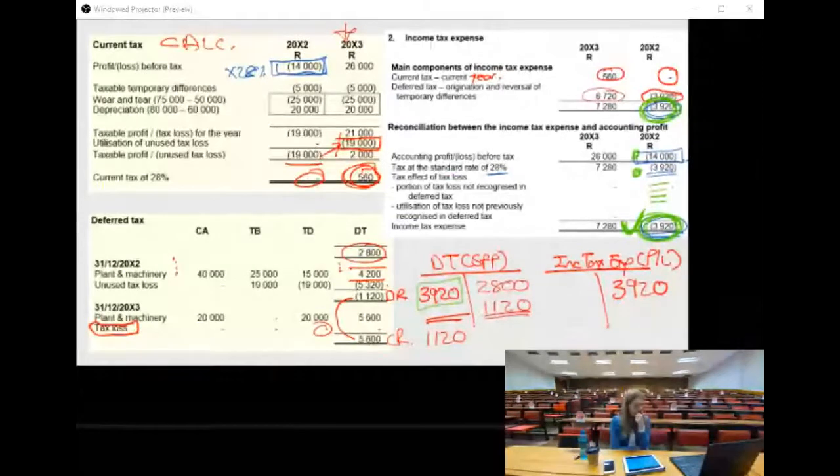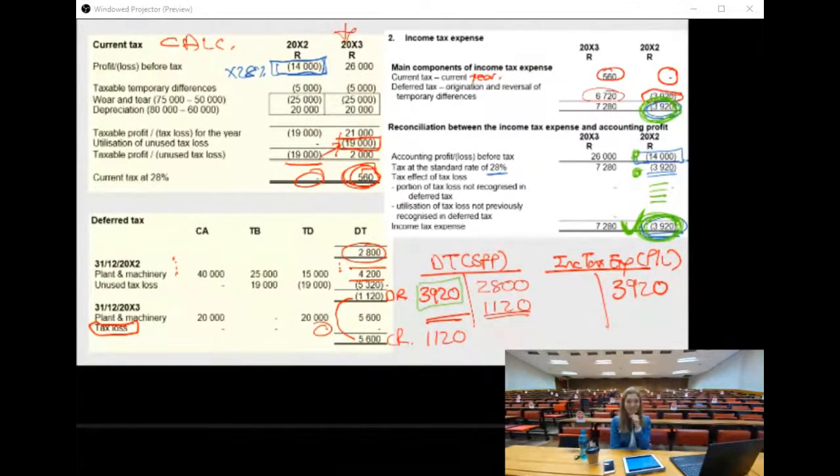Good, there was a question, where does the 19,000 utilization of the unused tax loss in 20x3 come from? Never mind. Okay, cool. Do you also see whether you can use the full tax loss for the current tax calculation? Okay, Mr. Armstrong, you are just jumping the gun a little bit. We are going to look at what happens if we couldn't utilize the full tax loss in the next year.